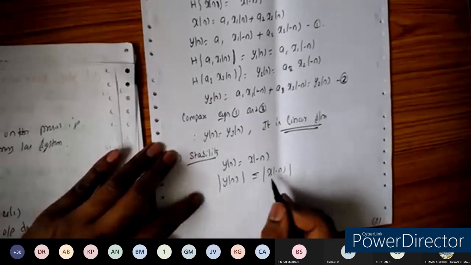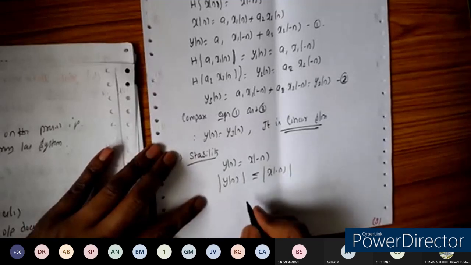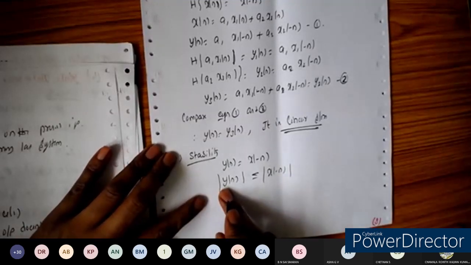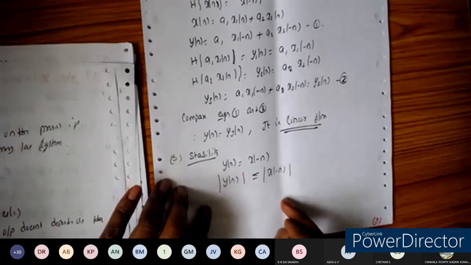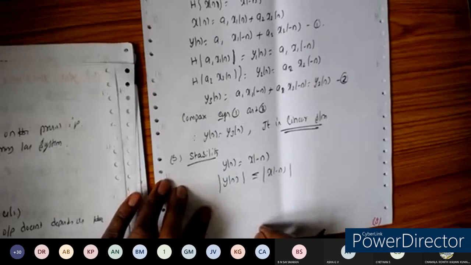So y of n is less than or equal to x of minus n. The output at n equal to 0 depends on the input at n equal to minus 0. So you can say it's a stable system. Why?